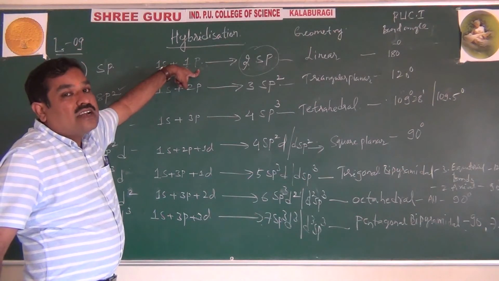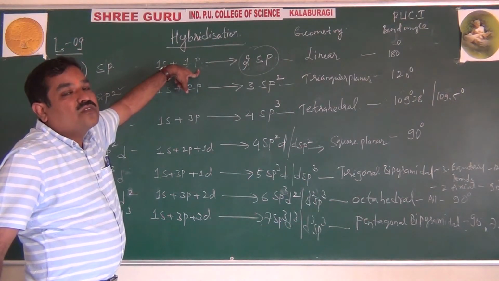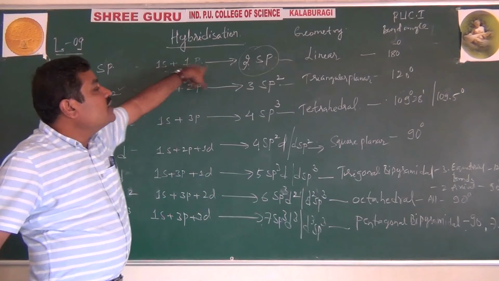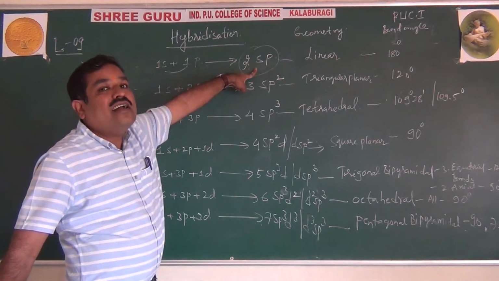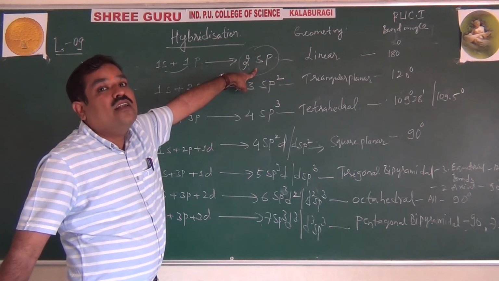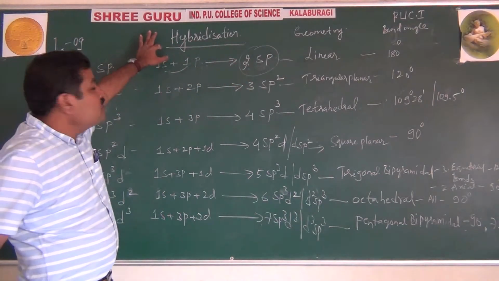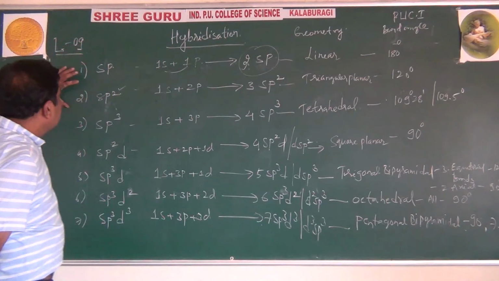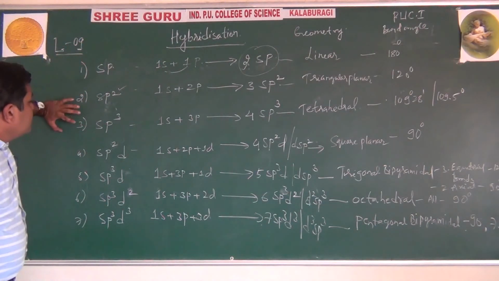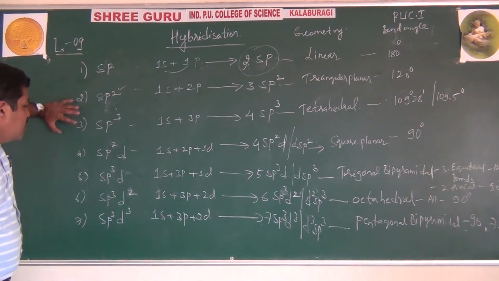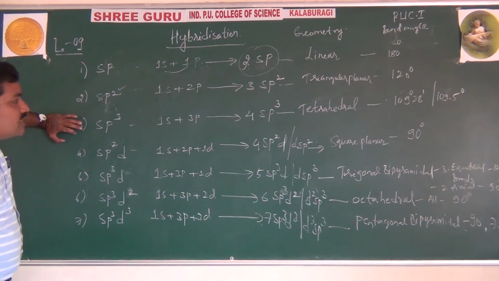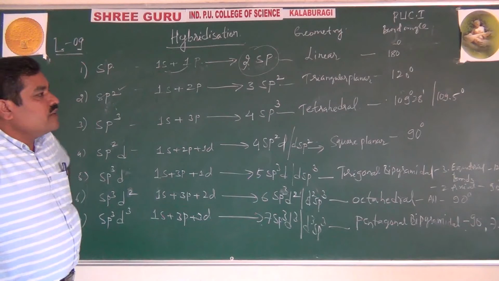That's why slightly different or almost equal energy, to form new hybrid orbitals of equal and identical energy. That is called hybridization. It involves S and P orbitals, sp, sp2 and sp3, and D orbitals, dsp2, dsp3, d2sp3 or d3sp3, sp3d, sp3d2, sp3d3. Remember.